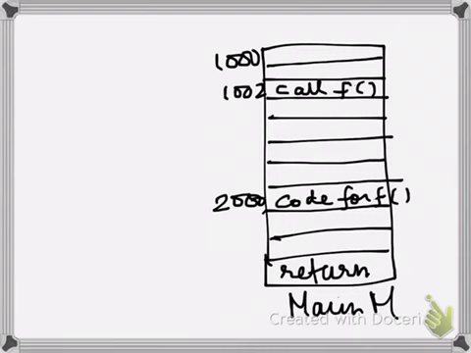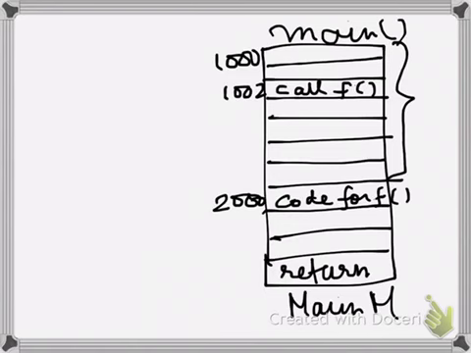From address 1000 onwards, you have the instructions for a particular function, let's say function main. Then at address 1002 there is a function call.